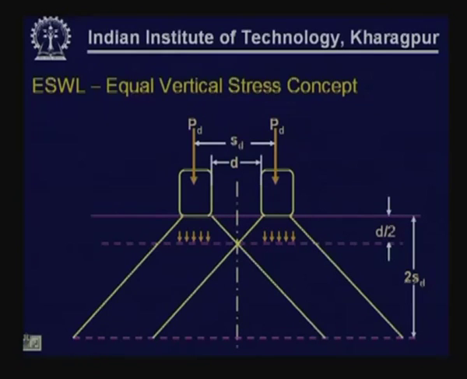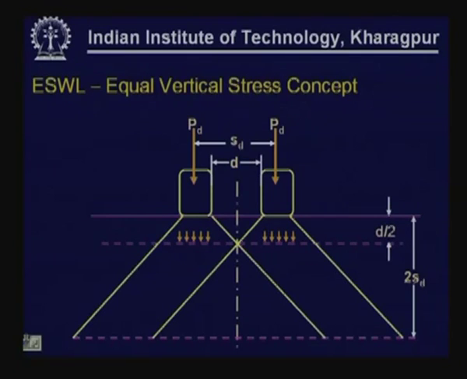If you see from this diagram, if you make some simplification about the load distribution, the stress distribution through the pavement, at a depth of D by 2, these two envelopes just start getting overlapped. The stress envelopes produced by the two individual wheel loads just start overlapping, and then at a significantly larger depth, which is approximately equal to twice SD, the suffix D is normally used because we normally refer to dual wheel sets and their conversion into equivalent single wheel load, but that is not exactly required.